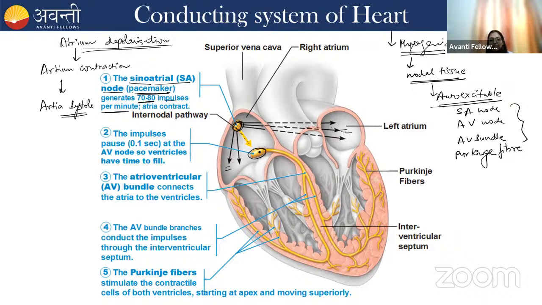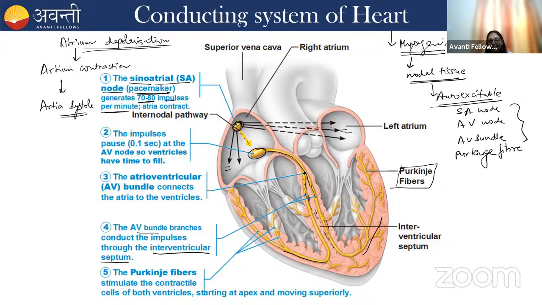The SA node also passes the impulse to the AV node, and when the AV node receives the impulse, it will transfer it to the AV bundle, also called the bundle of His, which is present in the interventricular septum. Remember, this is the septum present between the two ventricles. The AV bundle divides and forms a right bundle and a left bundle, and these give rise to Purkinje fibers.